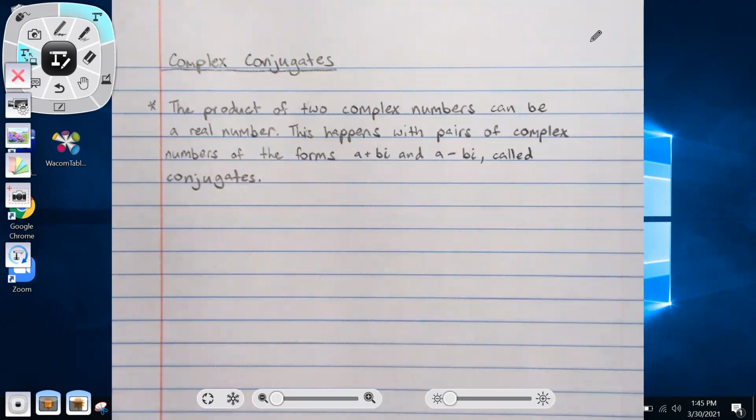We actually saw this happen in some of our examples, and you probably saw it happen on some of the practice problems as well, where we multiplied two complex numbers together and everything simplified down and your answer was just a real number.